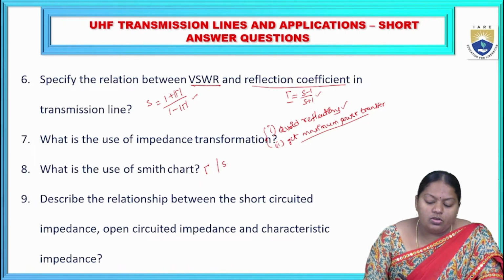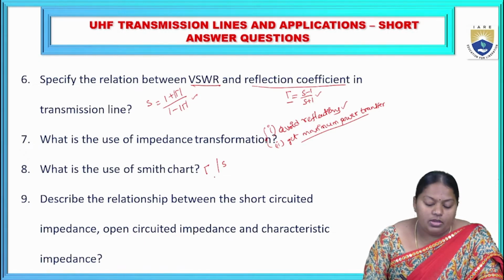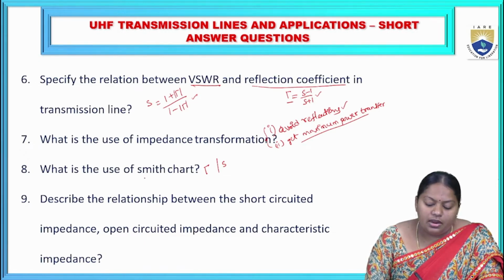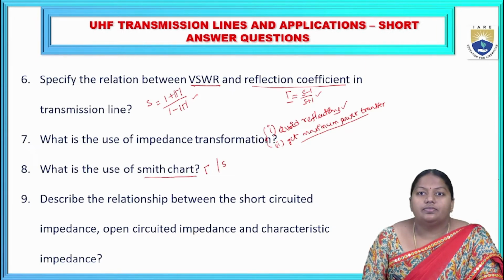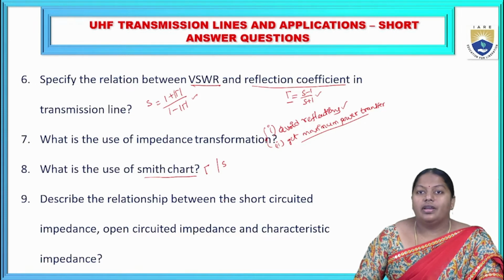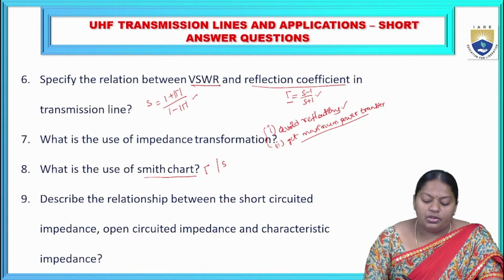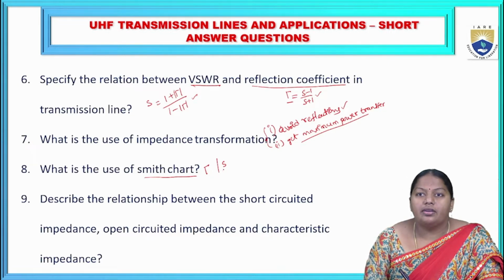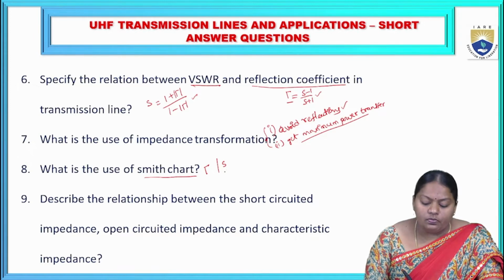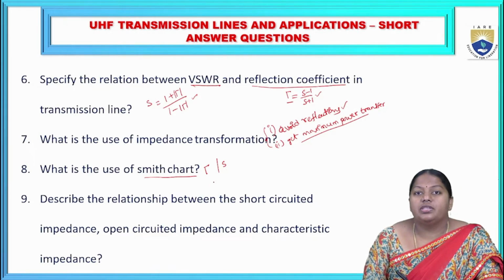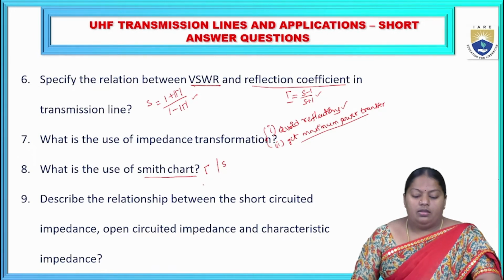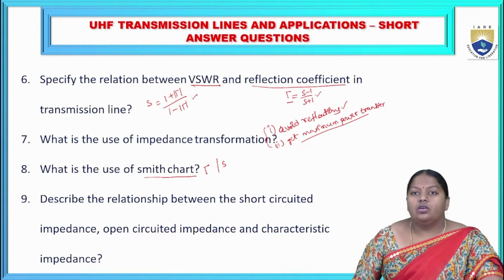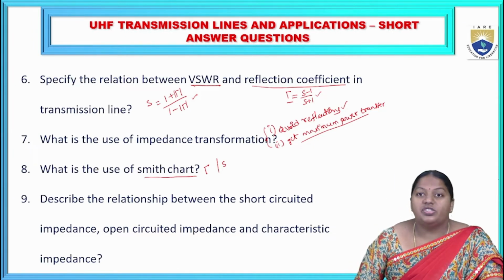Whereas in order to represent the same values on a graph, we use a graphical tool called Smith chart. Right? So with the help of the graph, we measure the reflection coefficient gamma and the standing wave ratio S. Along with this, for the input impedance of a transmission line, we use the graphical tool called Smith chart.